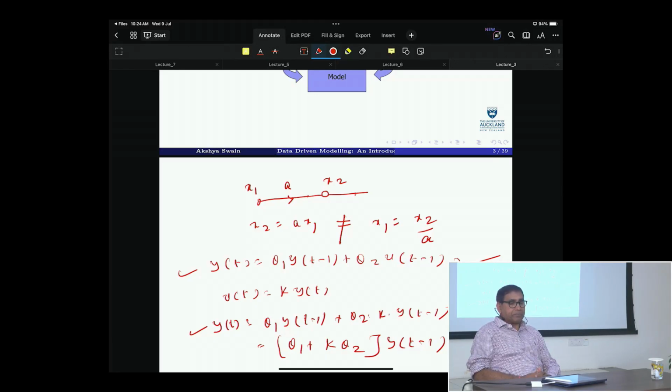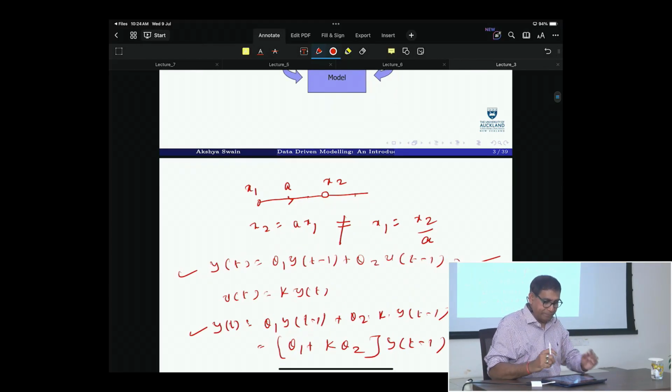But the important point is structure selection, not parameter estimation. Around 90% of the system identification literature is flooded with parameter estimation, where the structure is known, but the real story is structure selection. Once you know the structure, parameter estimation is straightforward algebra.